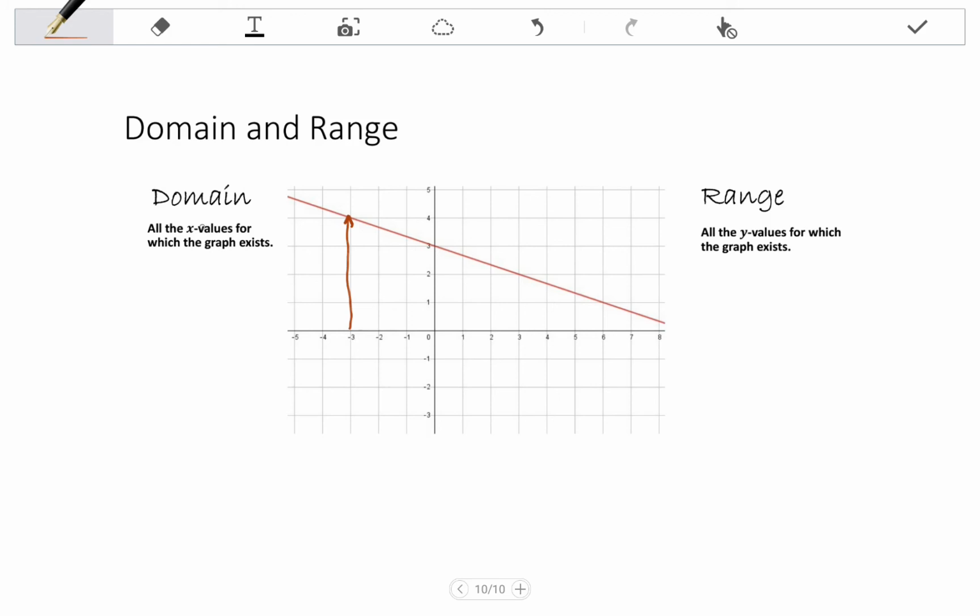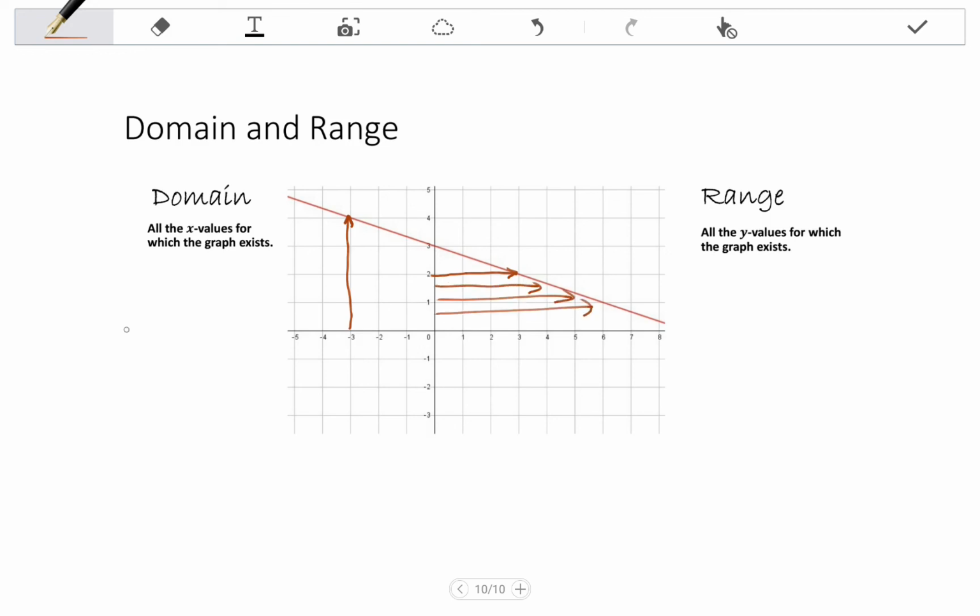So the domain is the set of all x values for which the graph exists. The range, on the other hand, is the set of all the y values for which the graph exists. So if I were to pick a y value, say y equals 2, and draw a horizontal line to find the graph, and if I find the graph, it means that the graph exists at that y value. So the range is all the y values for which I can find the graph.